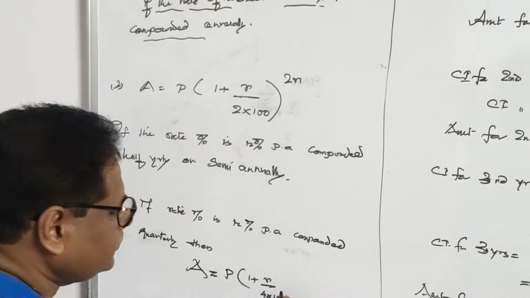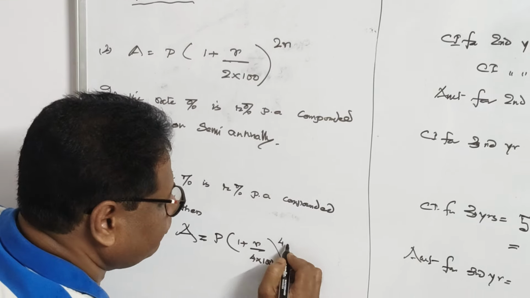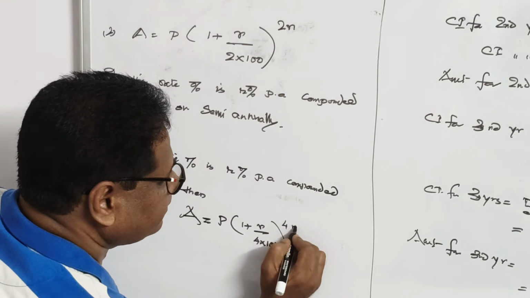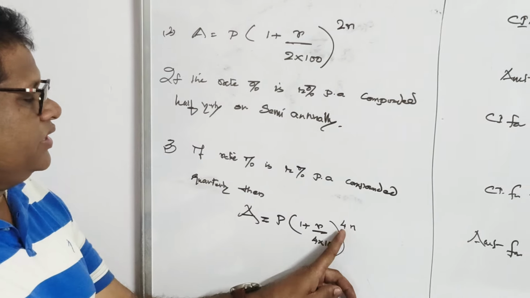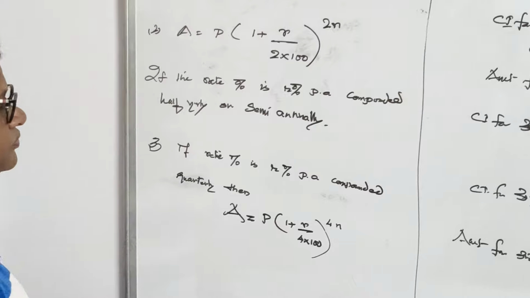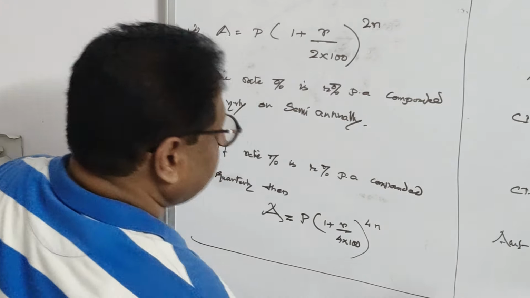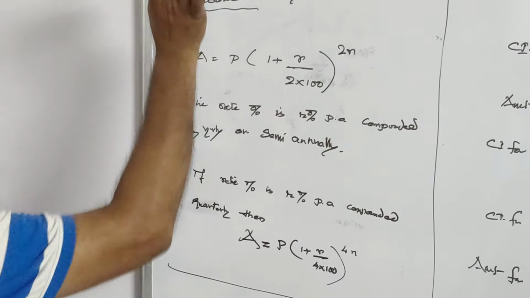And the time will be written 4 times, 4 into n. Why? Because in 1 year there are 4 quarters.